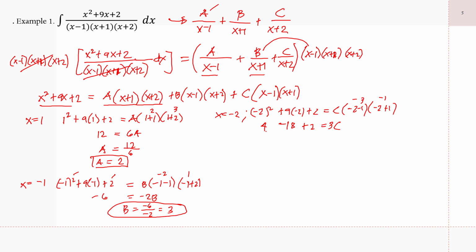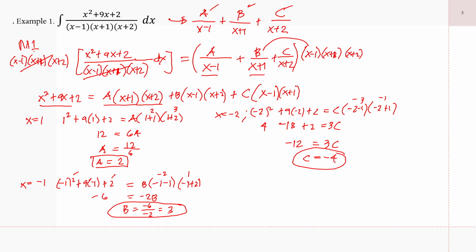So 4 plus 2 is 6, minus 18 is negative 12, equal to 3C. So C is equal to negative 4. Now we have the values for A, B, and C. This is method 1.